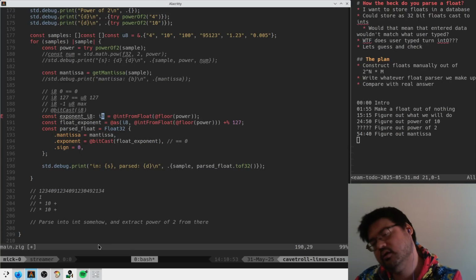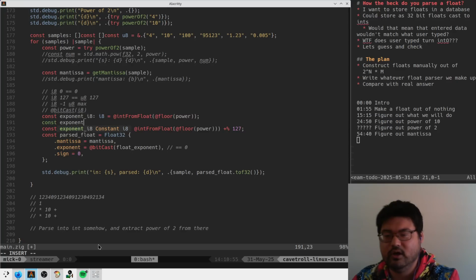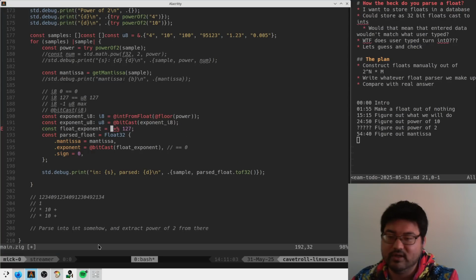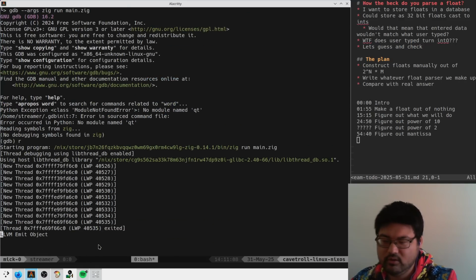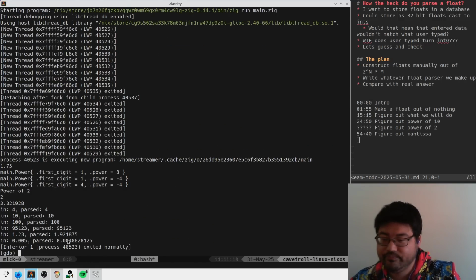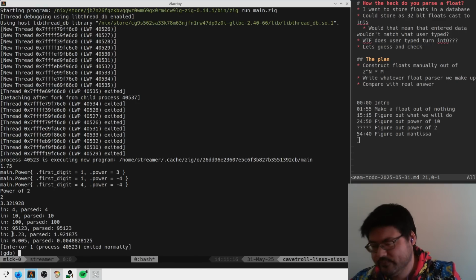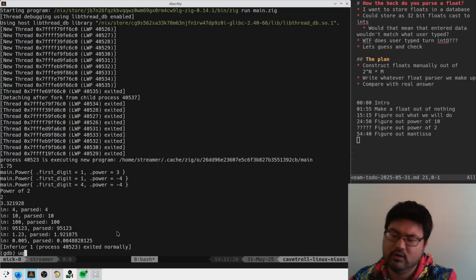Okay. Exponent U8 is a bit cast of that. Now we can do this. All right, does that work better? Okay, so this is wrong now? Interestingly. So with decimals, I bet the power is wrong here.